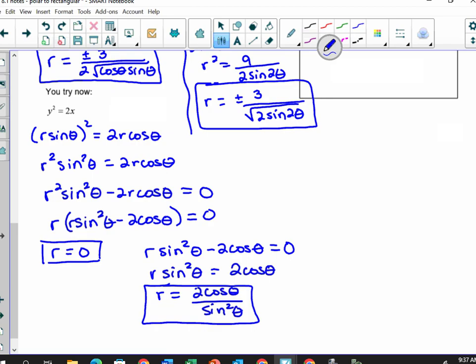Just be aware of those. This r equals 0: where is that if that's all you're given? It's kind of like the origin. We call it the pole in polars.